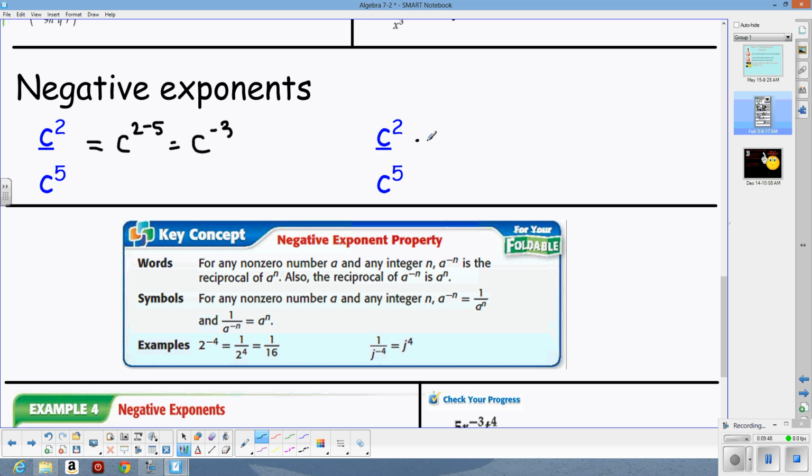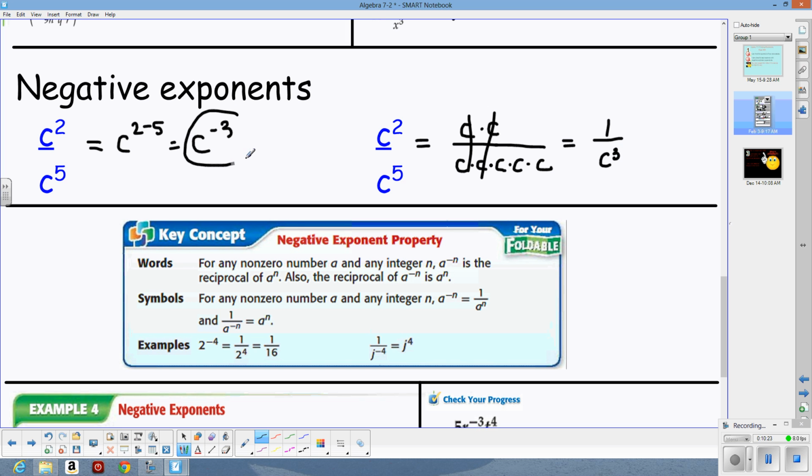Now if I go and think through what this means, like we did at the very beginning, c squared is c times c, and then on the bottom we have c times c times c times c times c. We'll be able to cross out two c's on top with two c's on the bottom, and these really are ones. So this is 1 times 1 in the numerator. 1 times 1 is 1. And on the bottom we have c times c times c, which is c to the third.